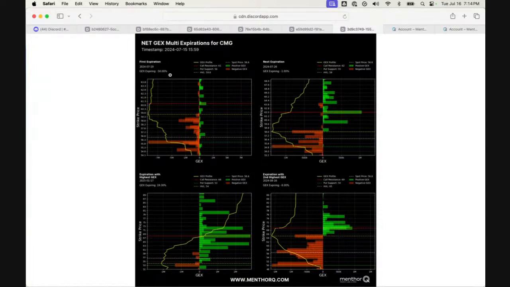And we can safely assume that people don't want to be assigned short shares of CMG, which is the other thing that would happen if you have an in-the-money put. Then you end up being the proud owner of a short position. Once those expire, all those short shares that the market makers have to hold to hedge get bought back.